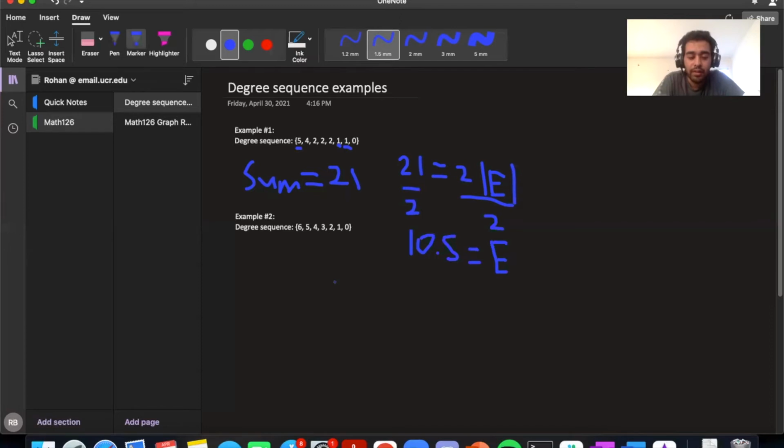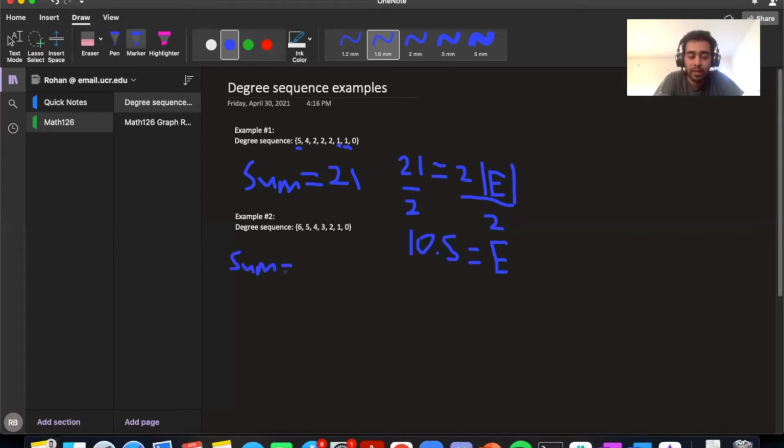Okay, now on to example 2. Here we have a degree sequence of 6, 5, 4, 3, 2, 1, and 0. So here the sum of the degree sequence is also 21. We can use the same logic as before and say this criteria is invalid, and so therefore the graph cannot be created.